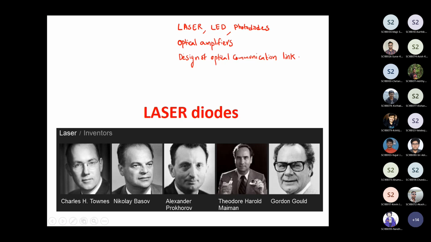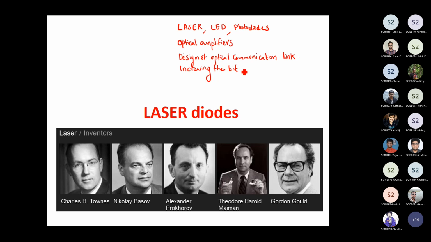And we will also see how you can increase the channel capacity of an optical communication link. So increasing the channel capacity, or in other words, increasing the bit rate, the number of bits that can be transmitted in a given time interval.